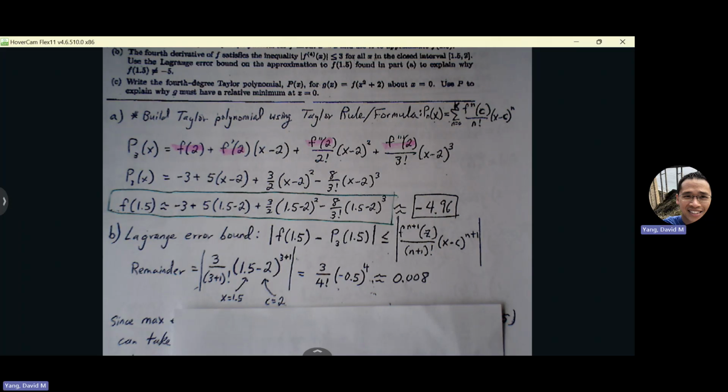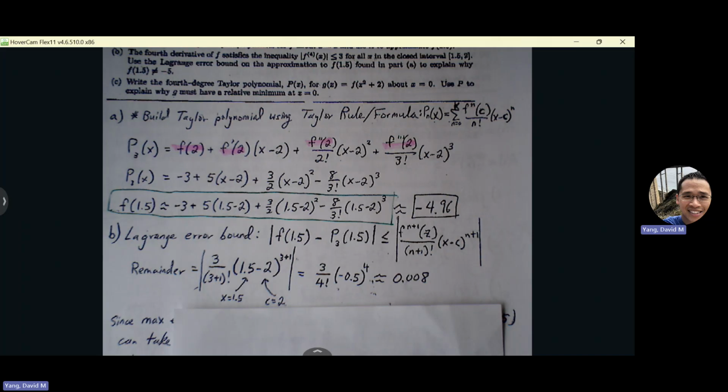So we know that f(1.5) can be as small as negative 4.96 minus 0.008, and as large as negative 4.96 plus 0.008.